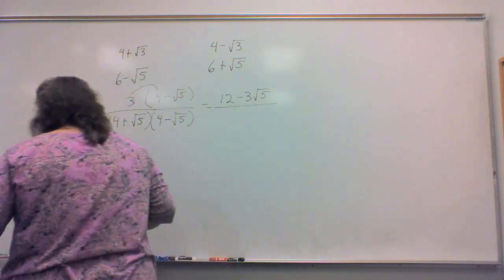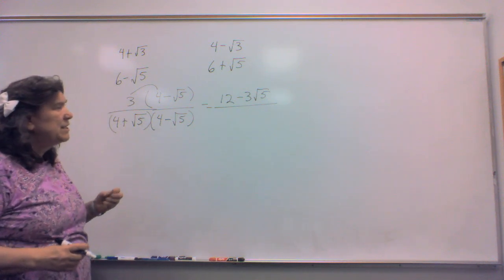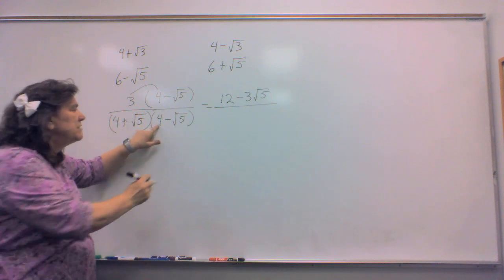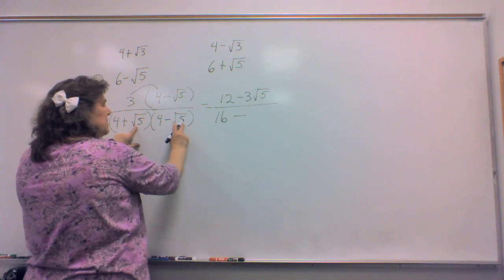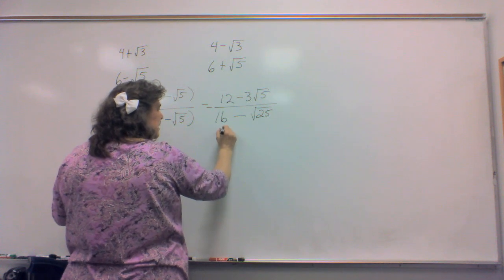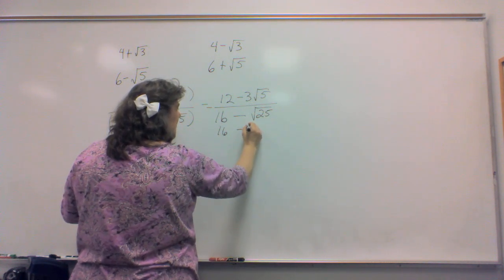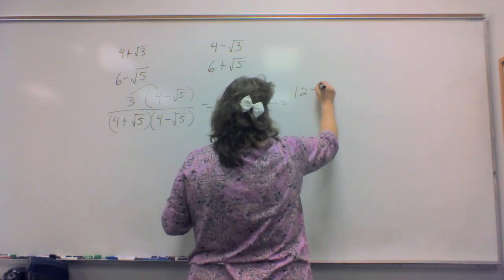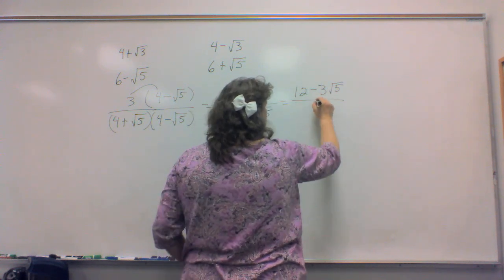In the denominator, what do we have? We don't need to multiply the whole thing out, because remember, those two middle terms disappear. So 4 times 4 is 16 minus square root of 5 times square root of 5 is square root of 25. So this becomes 16 minus square root of 25 is 5. So now we have 12 minus 3 square root of 5 over 16 minus 5, which is 11.